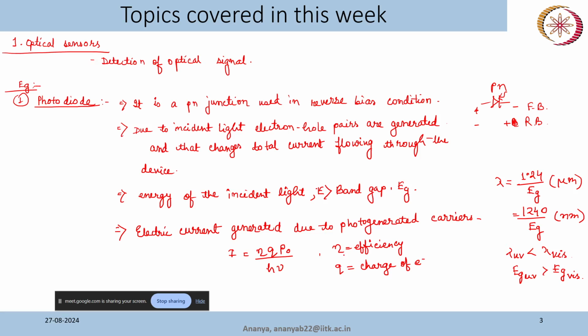I normally use the notation Q in the lecture notes, or in the books you will find E also, so don't get confused. P naught is the incident power of the photons. h is Planck's constant.